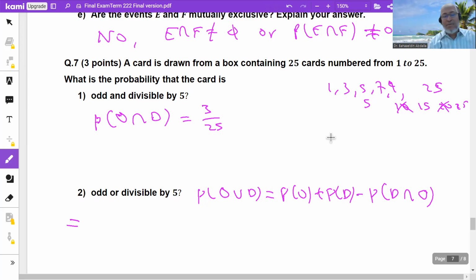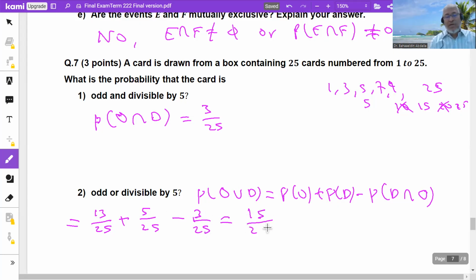So 13 numbers are odd. Divisible by 5, I have 5, 10, 15, 20, 25. These are 5. Intersection is 3, as we found in the previous part. So 13 plus 5 is 18, minus 3. That's 15 over 25. So this is the probability of odd or divisible by 5.